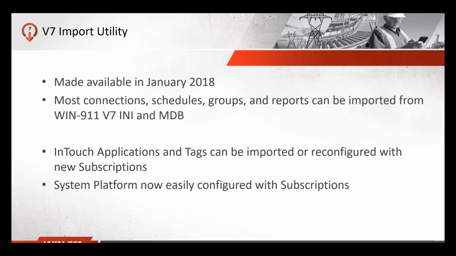And then for specific sources, InTouch applications and tags can be imported from version 7, or the new product can be reconfigured with those new subscriptions that Arish talked about, where you're telling us I'm interested in high priority things, or I'm interested in just things from these areas or groups or this tag name syntax.